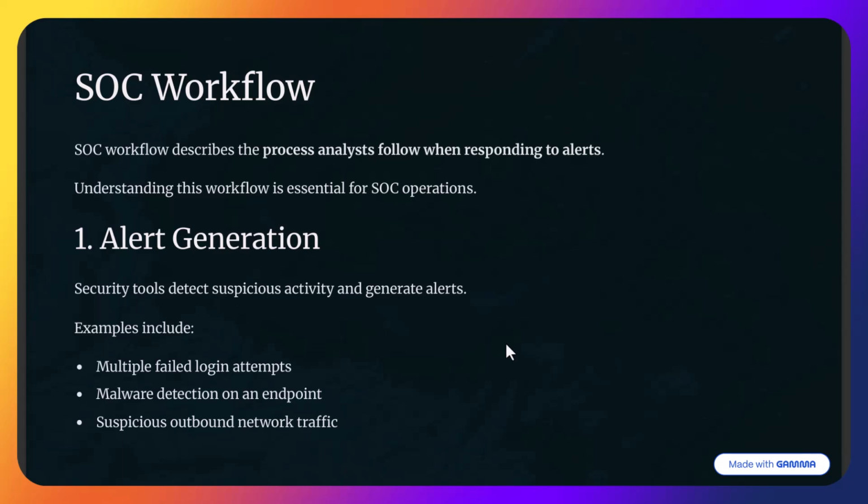These alerts are generated by different security tools such as SIEM, which we spoke about the first time, which is security information and event management, endpoint detection and response tools, which is the EDR, firewalls, intrusion detection system.